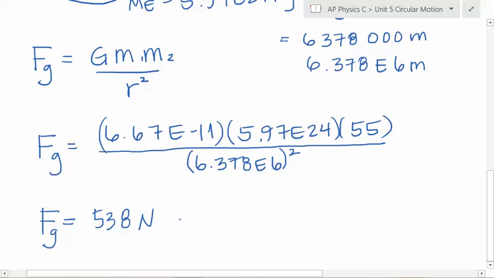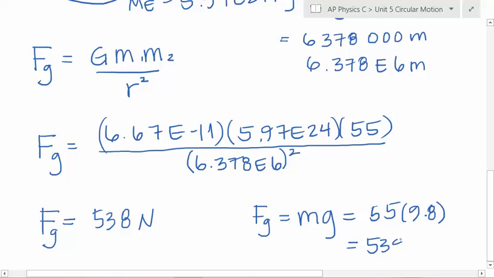Before today, if I asked you to find the gravitational force on a 55 kilogram person, what would you do? You would use the mg, and you'd do like 55 times 9.8. What does that give you? 539 point.